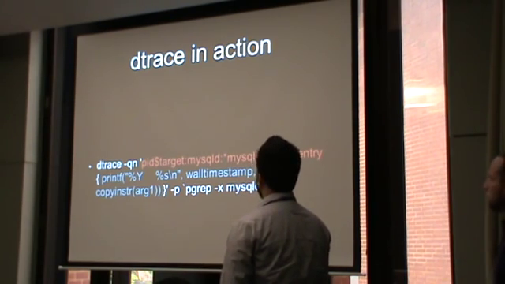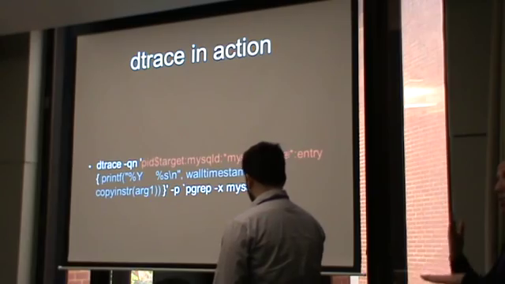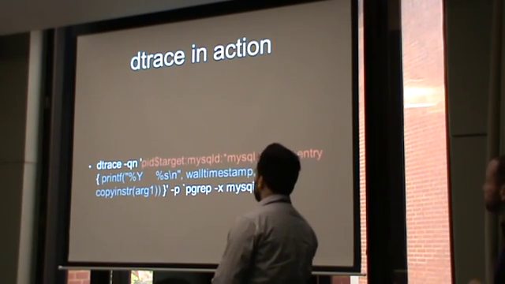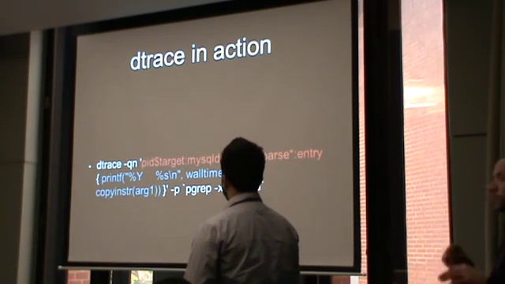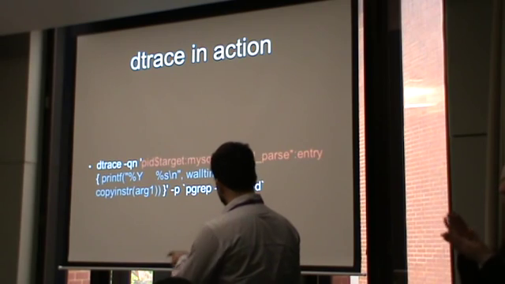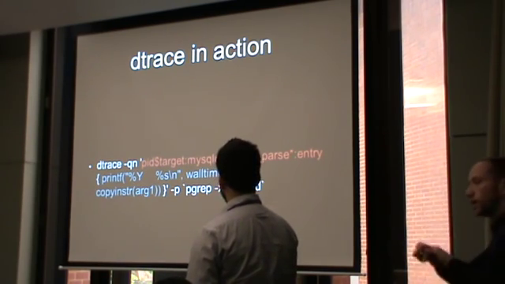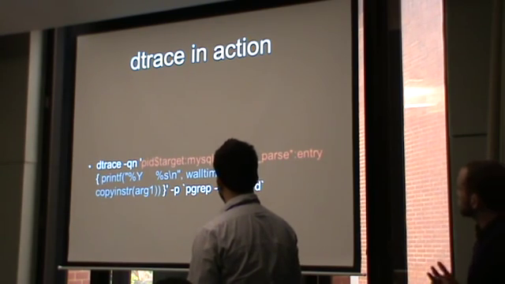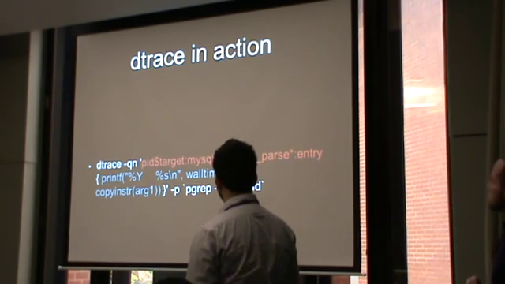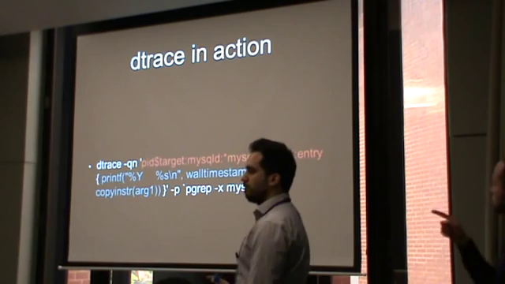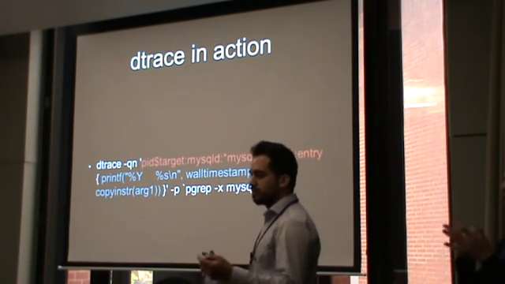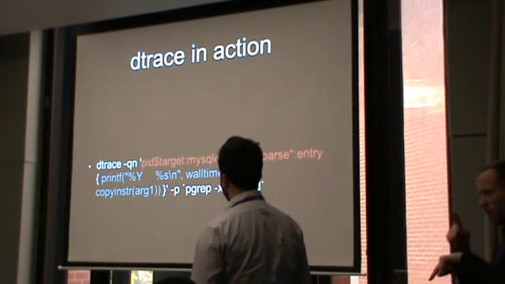What dtrace looks like in action. -qn is quiet mode, then dtrace, and the red bit is the target process. We are looking for a MySQL daemon, and for a query that's wildcard mysql_parse. mysql_parse is what MySQL calls every time it wants to perform some kind of select, insert, or other statement.